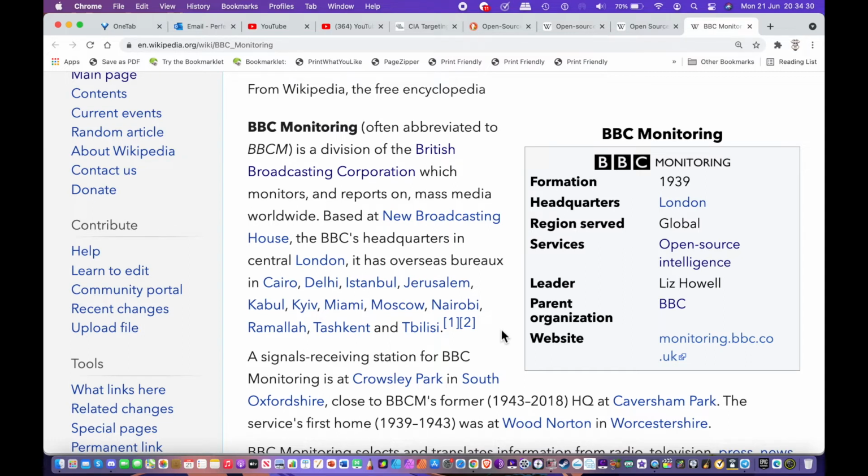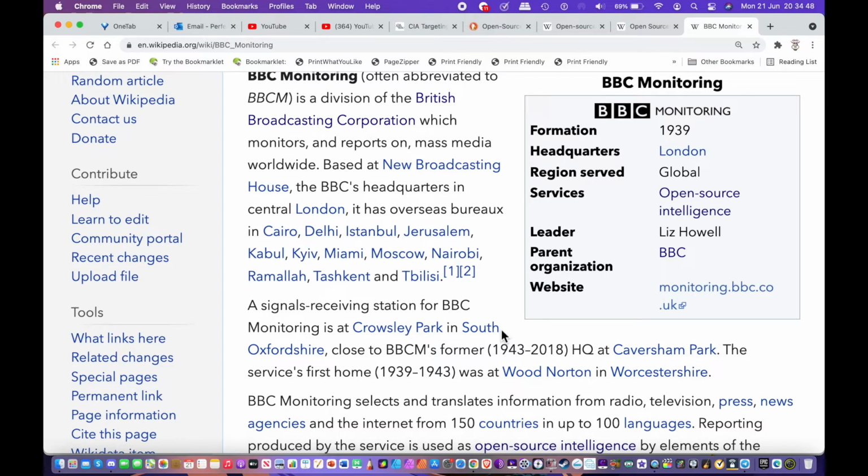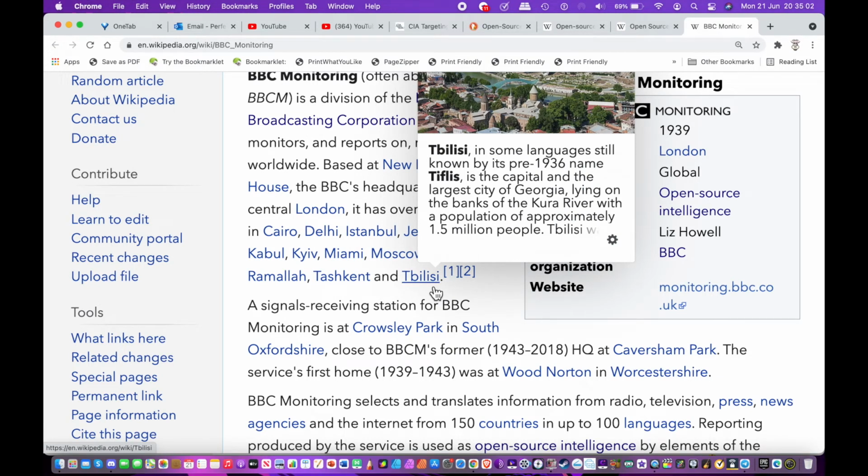It has overseas bureaus in Cairo, Delhi, Istanbul, Jerusalem, Kabul, Kyiv, Miami, Moscow, Nairobi, Ramallah, and Tashkent, and I can't say that word. I'm not even going to try.